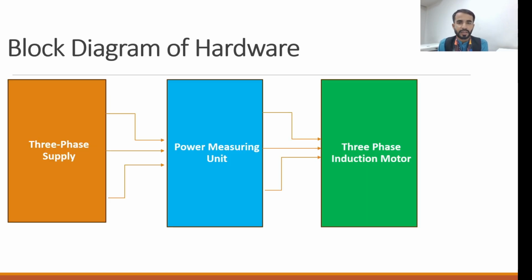And this is the block diagram of our hardware. Firstly, we are having our three-phase supply, and for measuring purposes, we need to measure the value of voltage and current, which is why we connected the output of the three-phase supply to the power measuring unit, and then the output of the power measuring unit will be connected to the three-phase induction motor.